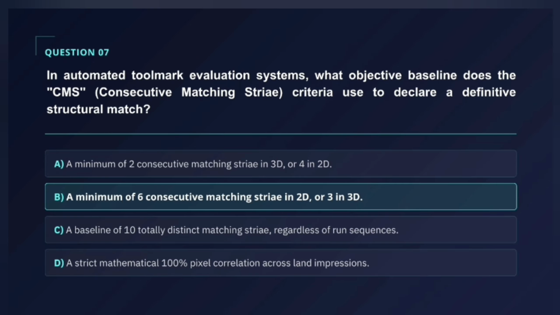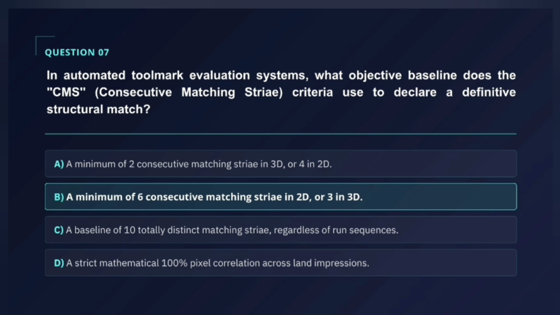And in the seventh question we have that in an automated tool mark evaluation system, what objective baseline does the CMS, which is consecutive matching striae criteria, use to declare a definitive structural match?